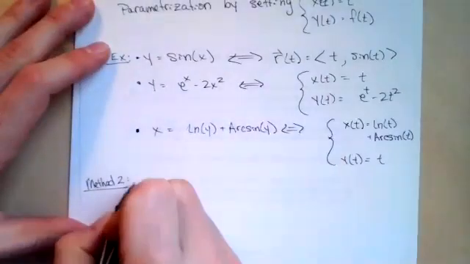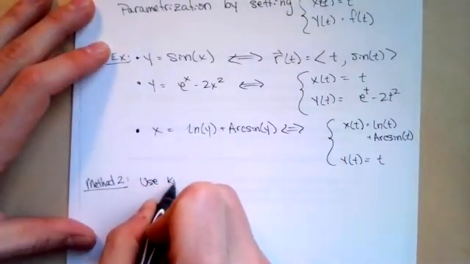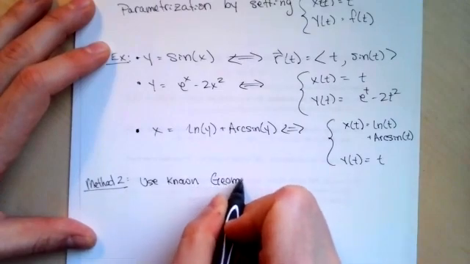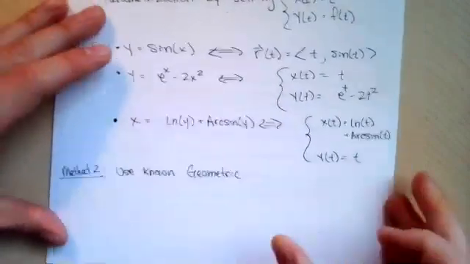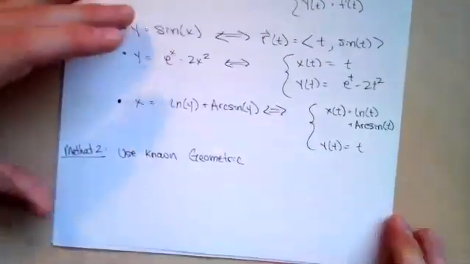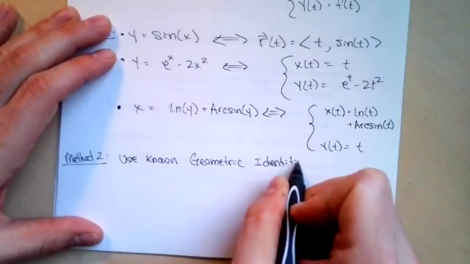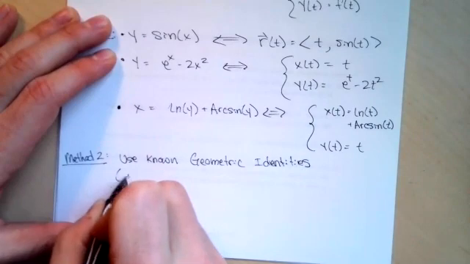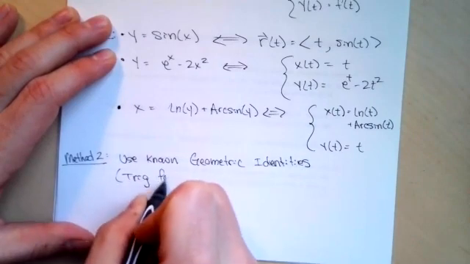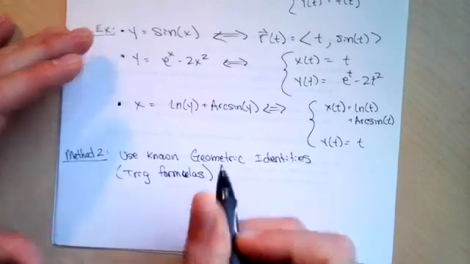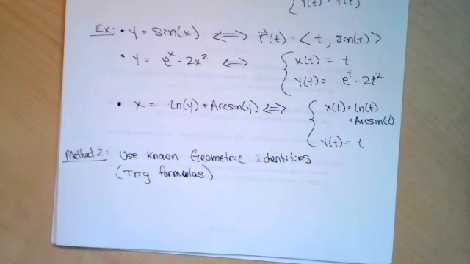We've got to use known geometric identities or things like trig formulas or any other kind of mathematical formula and equations that we know from geometry.